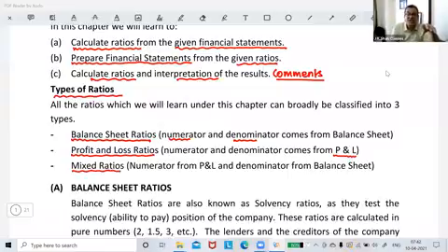The idea is that even someone who doesn't understand accounts should understand it easily. So again, this format is not specified in any standards. It's just for our convenience, to make it a little easier. So let's first discuss that.